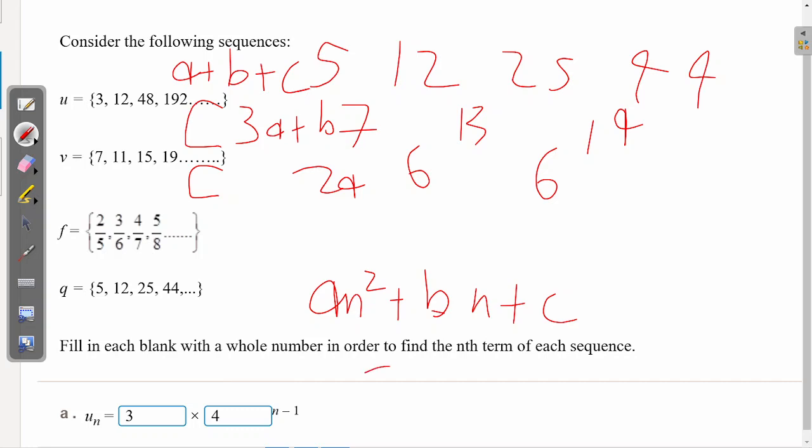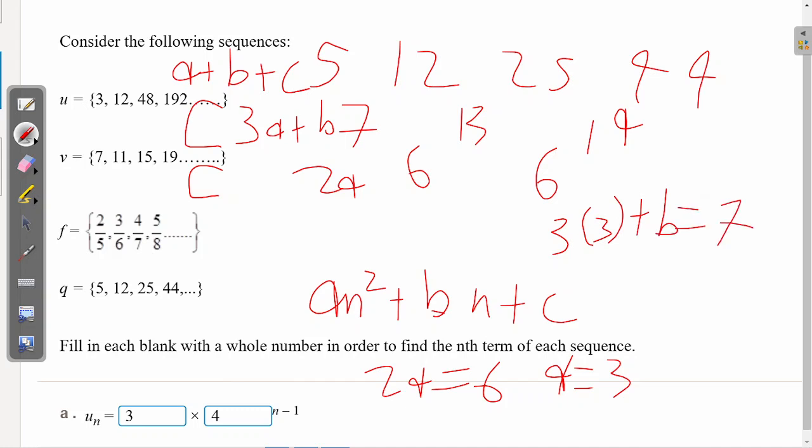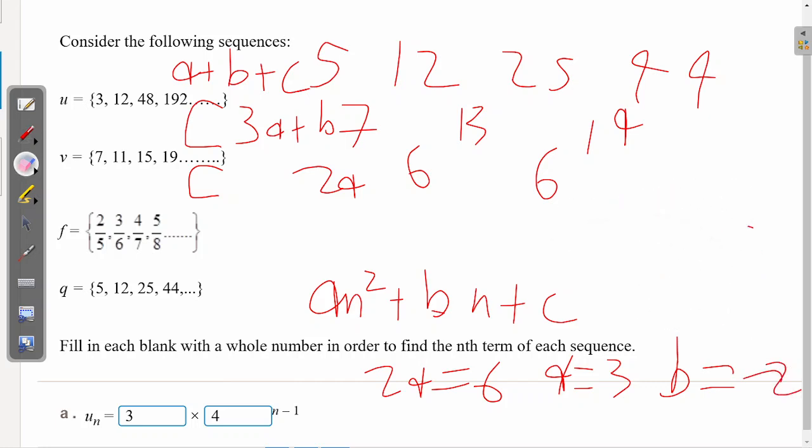So let's start. 2a is equal to 6, so a is equal to 3. Then 3a plus b equals 7. We know a is 3, so 3 times 3 plus b equals 7. 9 plus b equals 7, so b equals negative 2. Then a plus b plus c equals 5.